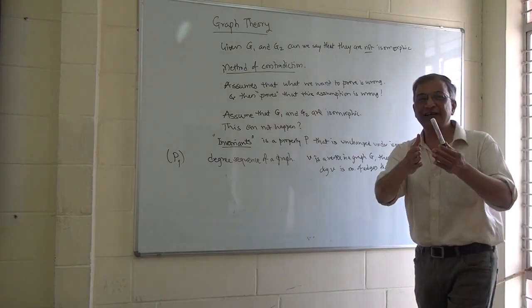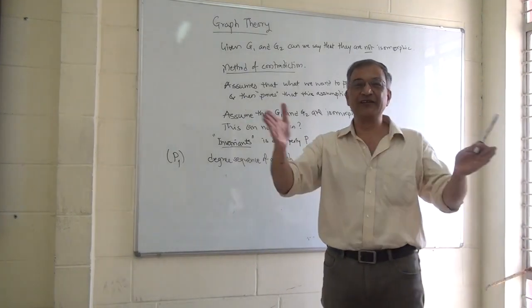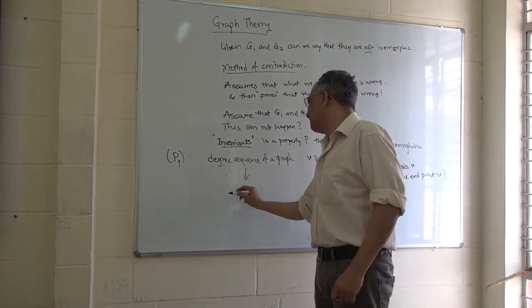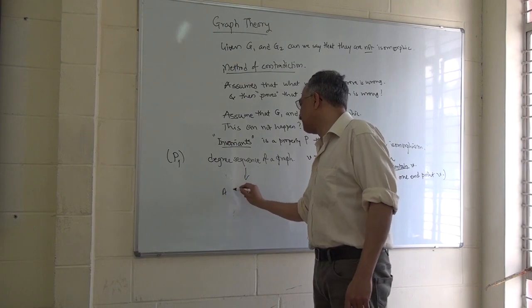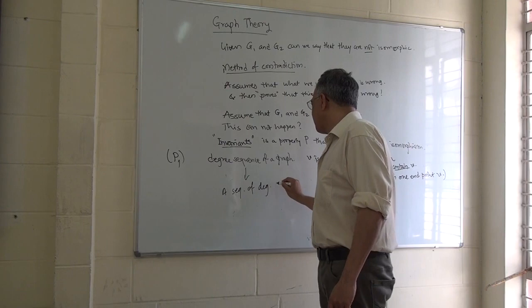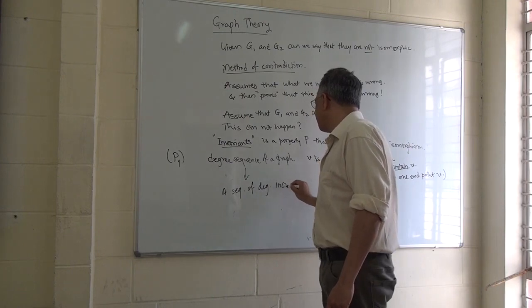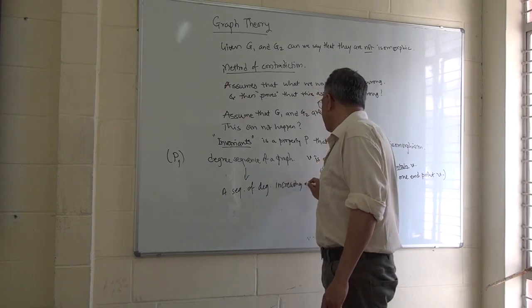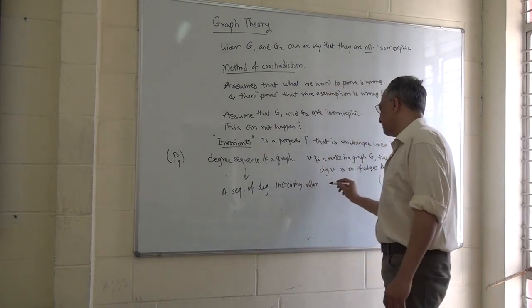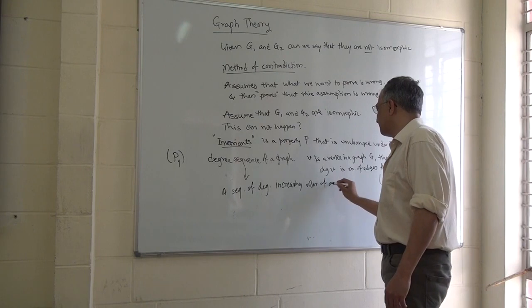And if you look at the degrees and put them in increasing order, that's called the degree sequence of a graph. This is a sequence of degrees in increasing order.